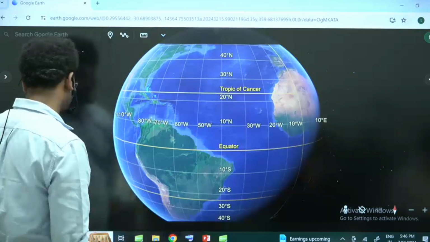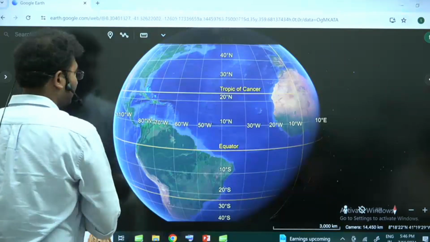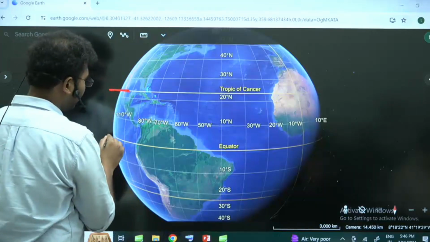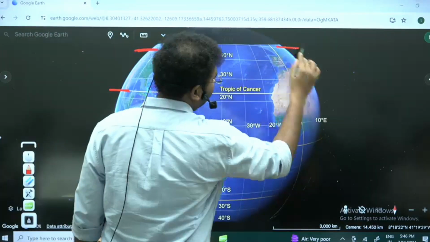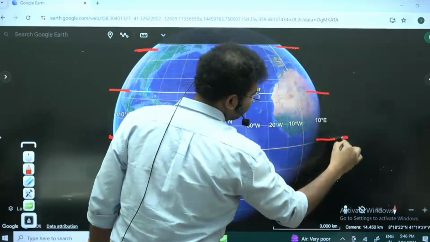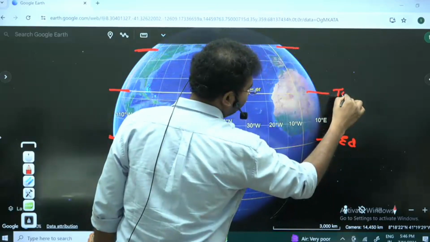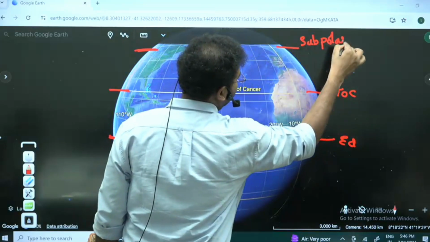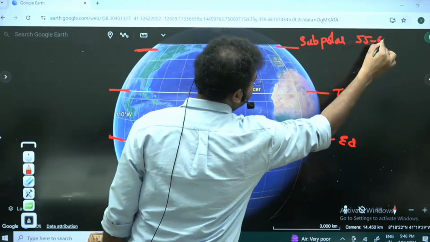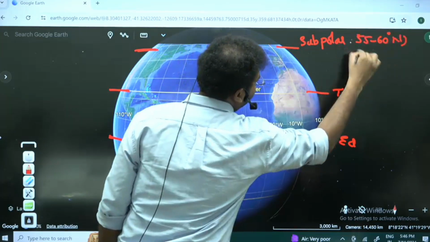First, look at this. If I am drawing this in red color, these are latitudes. Okay? This is the equator, this is the Tropic of Cancer, and this is the subpolar region, around 55 to 60 degrees north latitude, right?